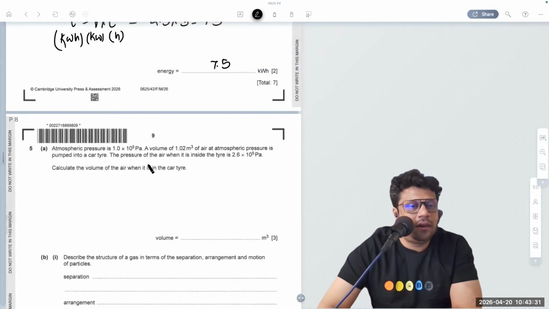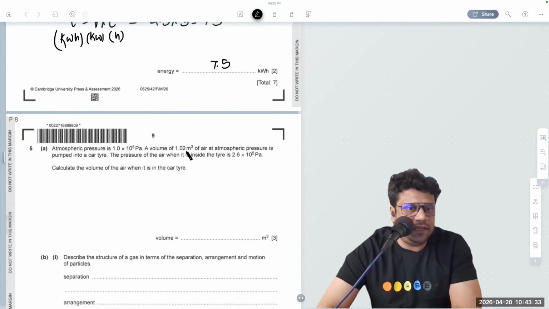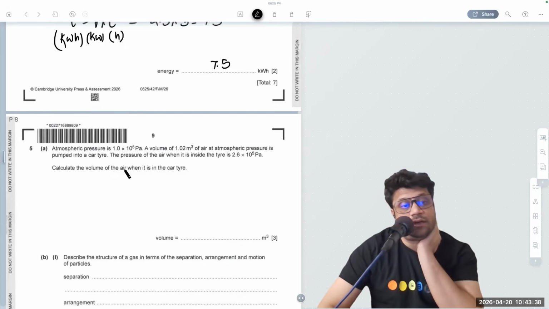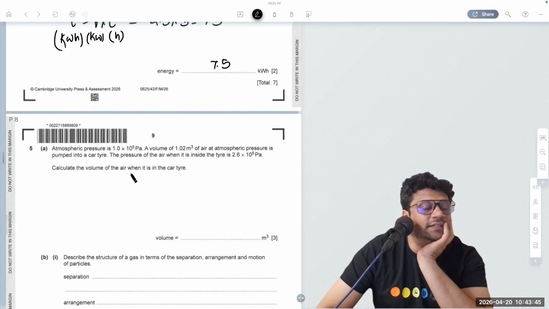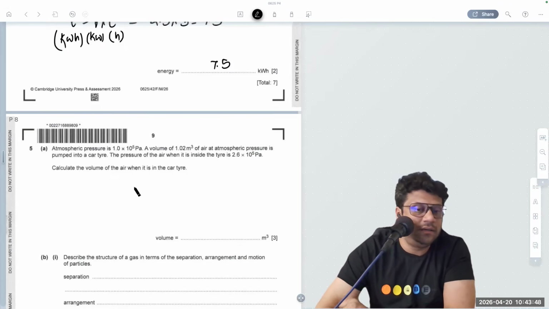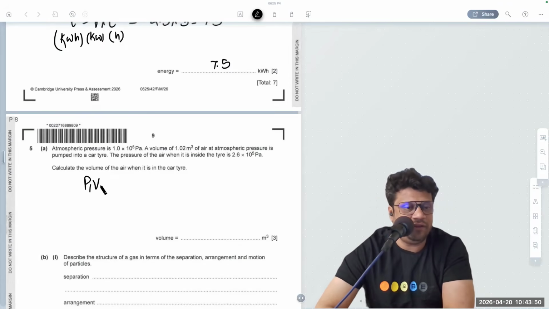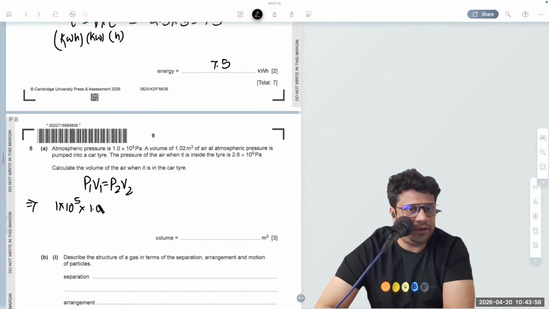A volume of 1 meter cube of air at atmospheric pressure is pumped into a car tire. The pressure of the air when it is inside is given. Calculate the volume of the air when it is in the car tire. Okay, so use the formula P1 V1 equals P2 V2. So you're looking at 1 into 10 to the power of 5 into 1.02 equals P2 into V2.